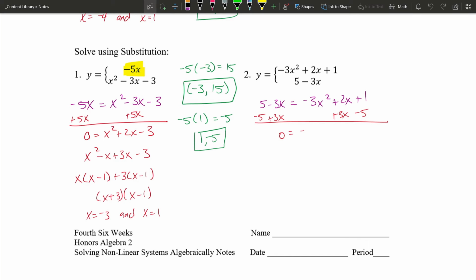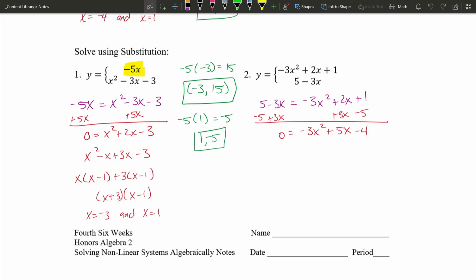Now, this one's kind of a bummer. I'm looking at it, and I'm thinking, I don't know that we can factor this, especially with that negative 3 in the way. So what I'm going to do is use the quadratic formula. We've got the opposite of b, plus or minus the square root of b squared minus 4 times a times c, over 2 times a, which is negative 3.